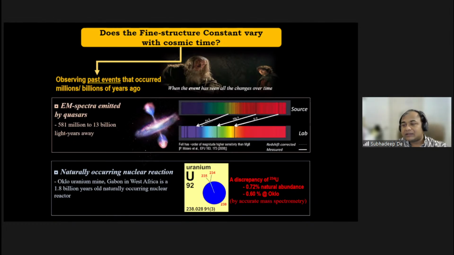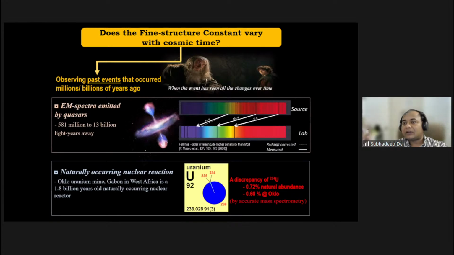And people found there is a discrepancy in the natural abundance of uranium 234 isotopes. Naturally, uranium 234 isotopes are 0.72% abundant. But in Gabon, what they found is 0.6%.